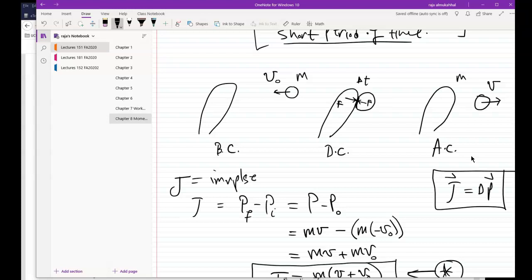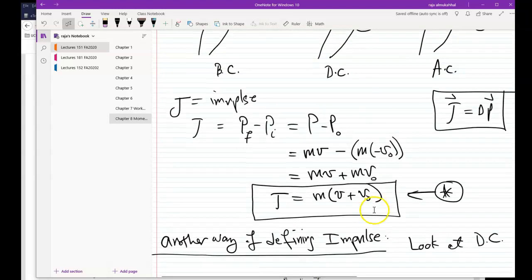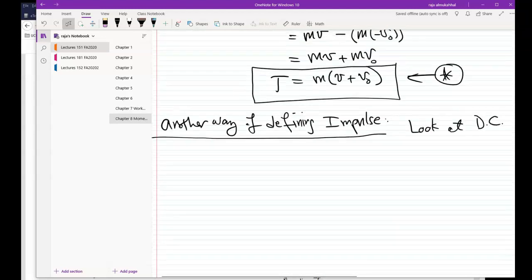It turns out that if I multiply this force with the time of contact, I get exactly this result, the impulse. In other words, impulse J is also equal to F times delta t.